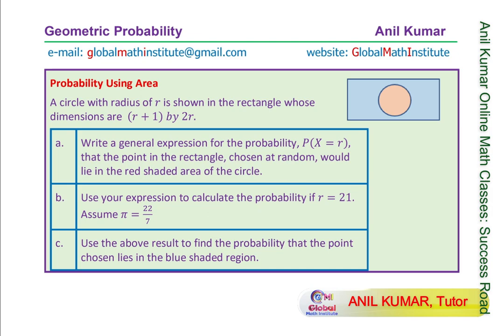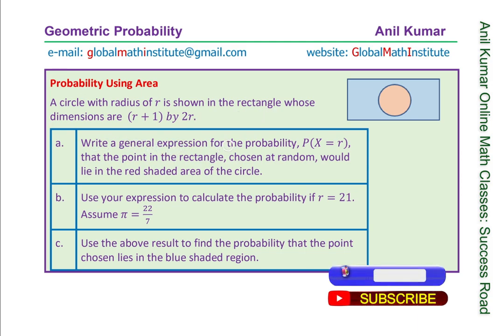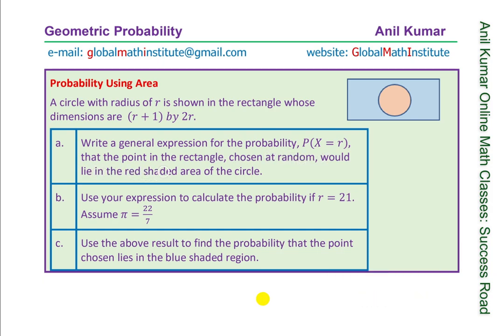Here is another type of question where we have a rectangle with a circle inside. The question is: a circle with radius r is shown in a rectangle whose dimensions are r plus 1 by 2r. Write a general expression for the probability p, where x is equal to r, that a point in the rectangle chosen at random would lie in the red shaded area of the circle.